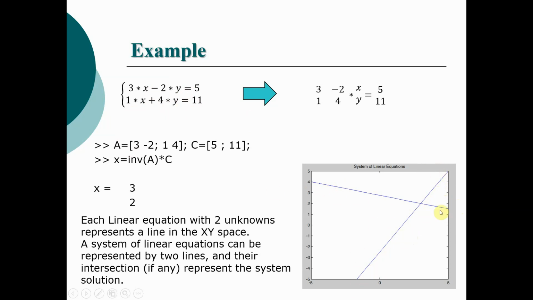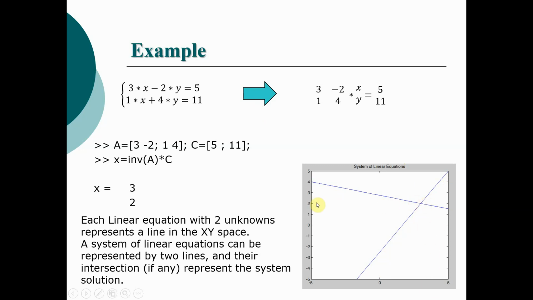So the answer for this system of two equations and two unknowns is a point that exists on both of them. It's going to be the intersection of them. You see that x is going to be 3 and y is going to be 2.